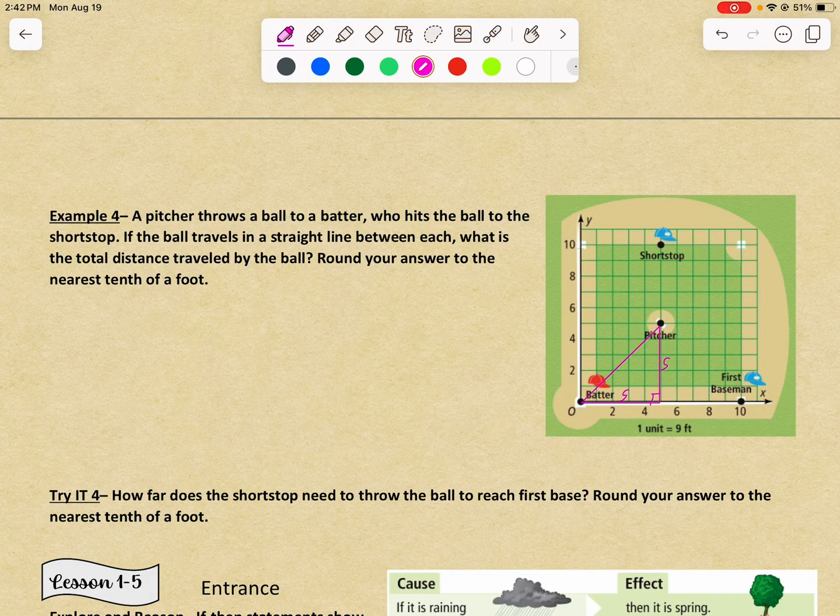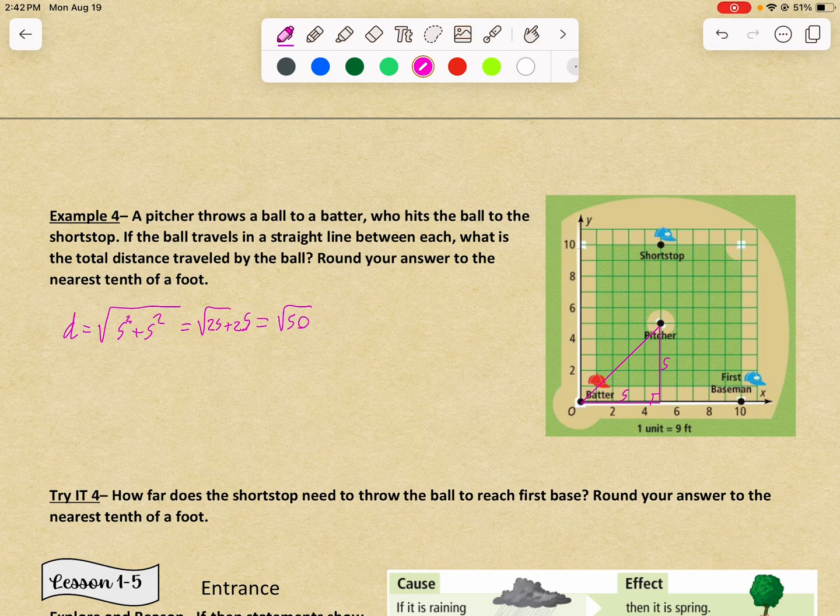And so I can go ahead and find the distance using the distance formula. Square root of, and I can just use the Pythagorean theorem, 5 squared plus 5 squared is equal to the square root of 25 plus 25, which is equal to the square root of 50. Oh, square root of 50 is my distance.